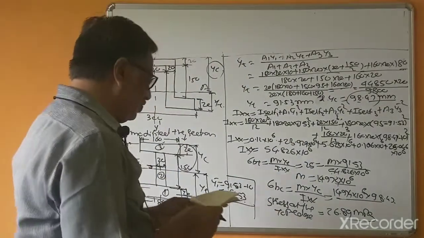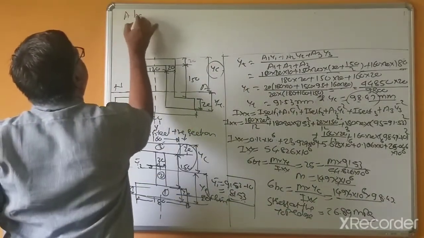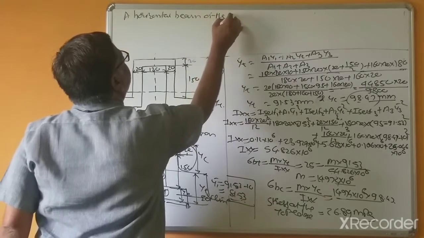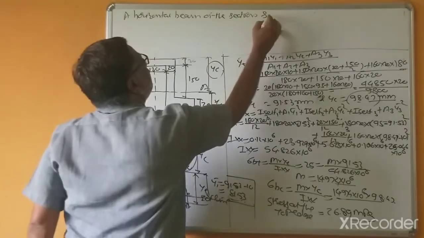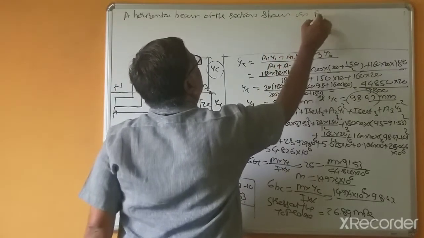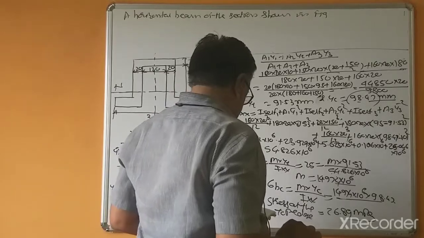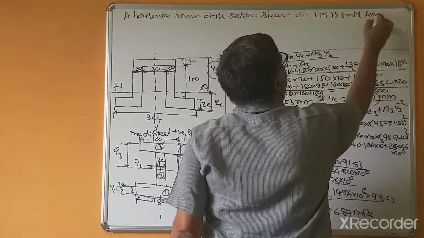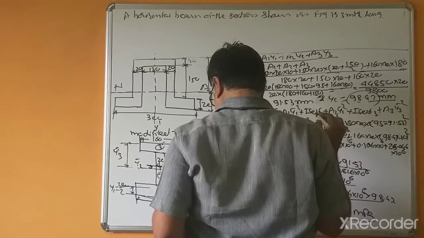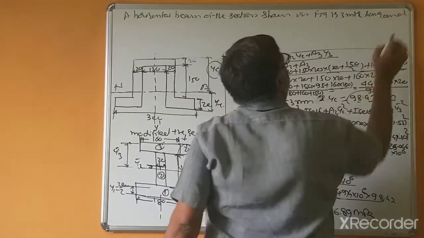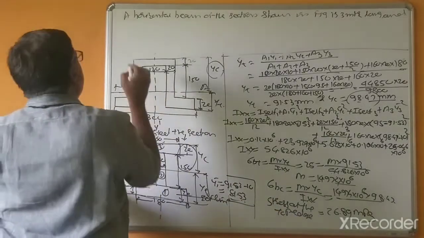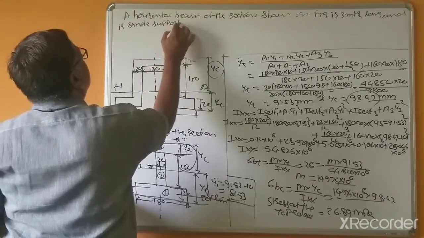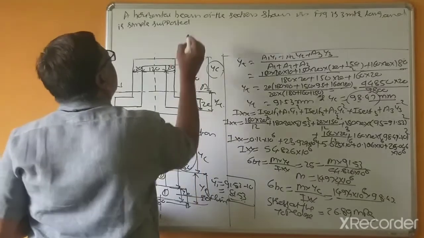A horizontal beam of the section shown in figure is 3 meter long and is simply supported at the ends.